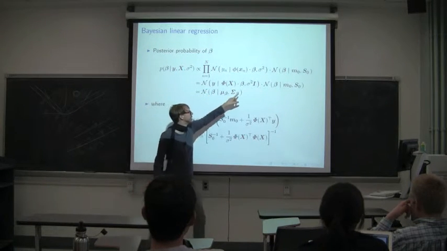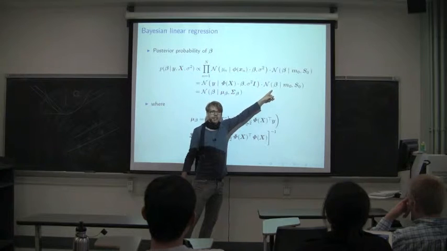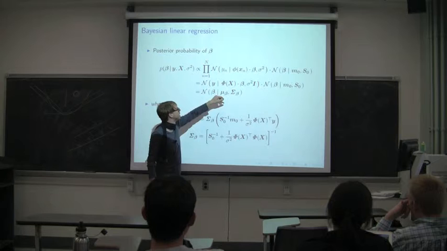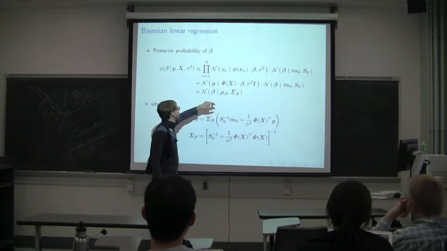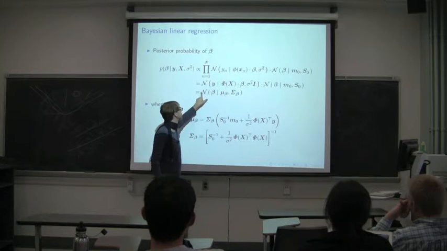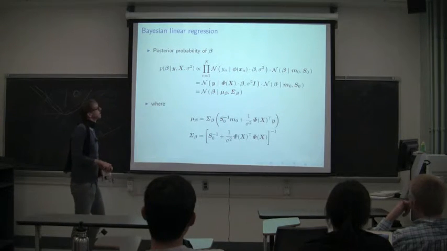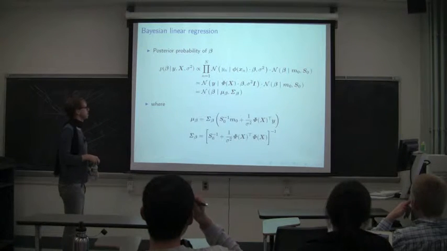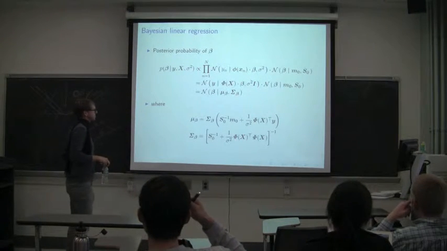So the normally distributed prior on the regression weights is conjugate in a Bayesian linear regression. We can write the posterior distribution over the parameters with some posterior mean and some posterior variance.